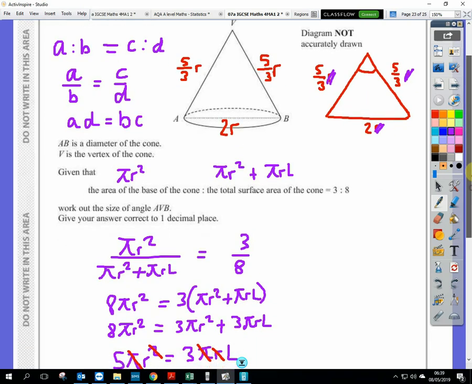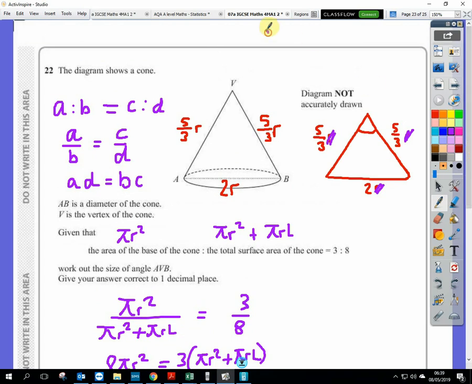Now, the cosine rule for finding an angle is not on the formula sheet. We only have the cosine rule for finding a side: a squared equals b squared plus c squared minus 2bc cos of capital A. What I want is to rearrange this to work out an angle. Now, minus 2bc cos A is all one term.